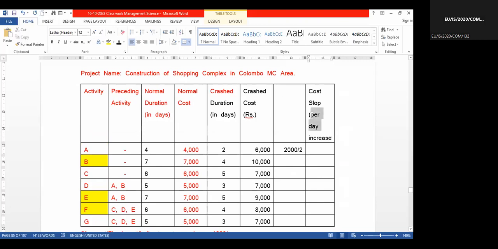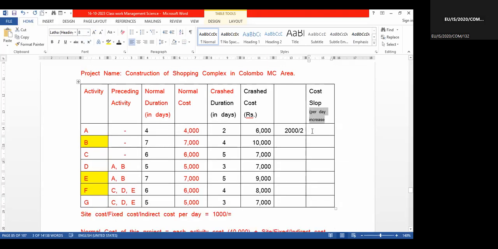Cost slope, or per day increase, how much? 1,000. You can see the table, no? The per day, because I divided by 2, right?